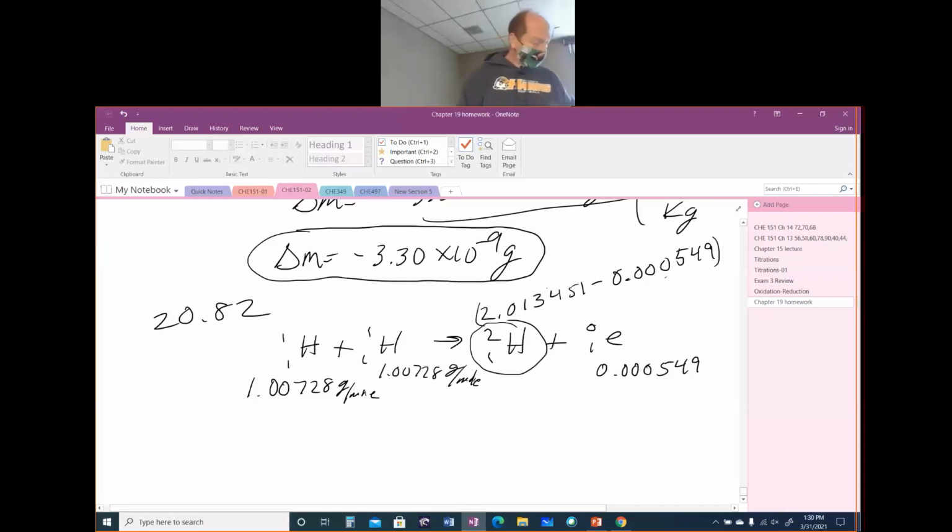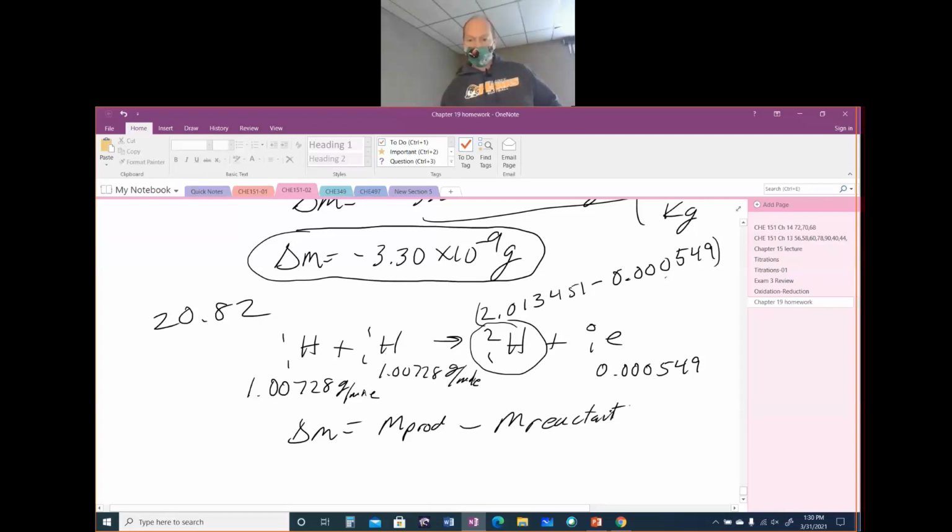So when you calculate your delta M, all right, so you have your delta M is equal to your mass of your products. So you add those up, subtract your mass of reactants. You add those up, and you get your change in mass.